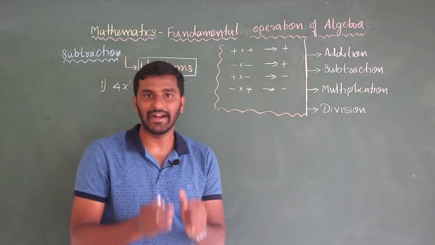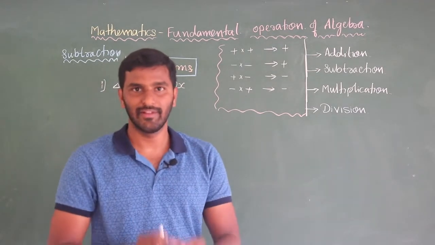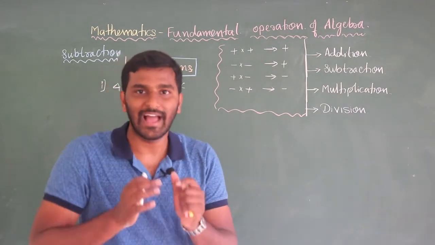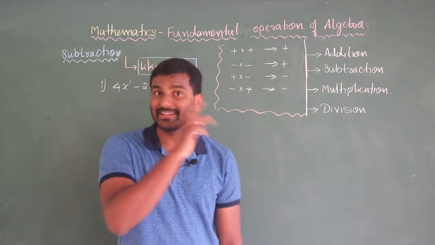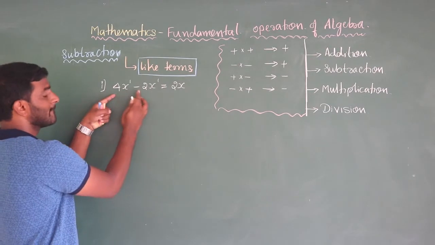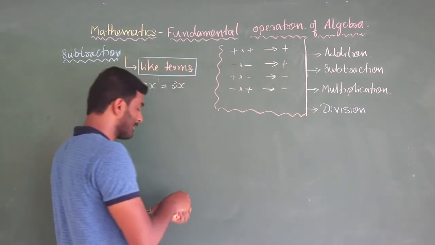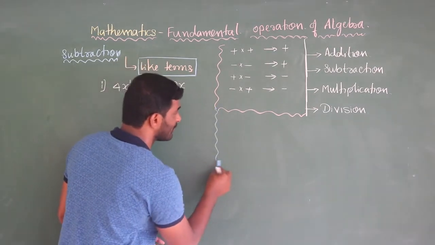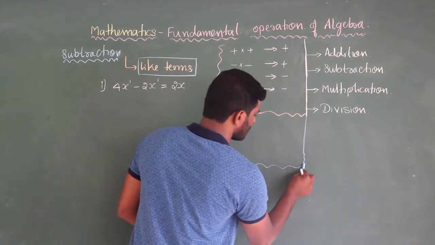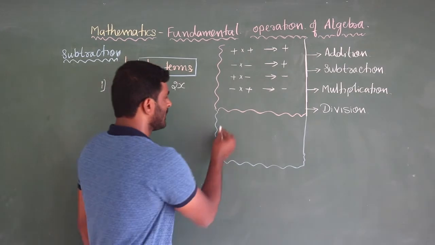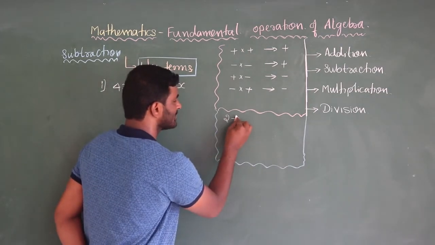When you are doing addition or subtraction, we have to put the greater number symbol. 4 minus 2. One more example. I'll give you one more example here before taking that questions. Here 2 plus 4.